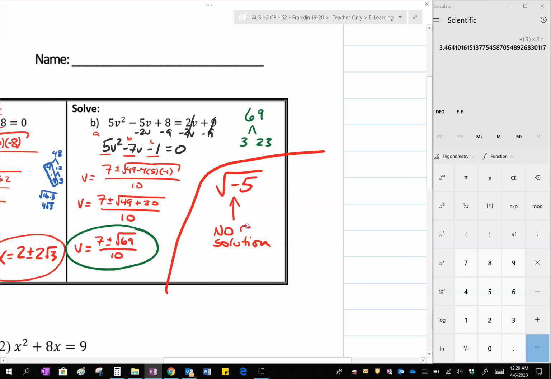Technically, it's no real solution, but we can just say no solution. Now, it's okay if you have the negative outside. But if you ever have a negative inside the radical, right now that's going to give us a no solution. So if you run into that during your work, check your work. Make sure that it actually is negative. But if you do get a negative inside there, no solution.